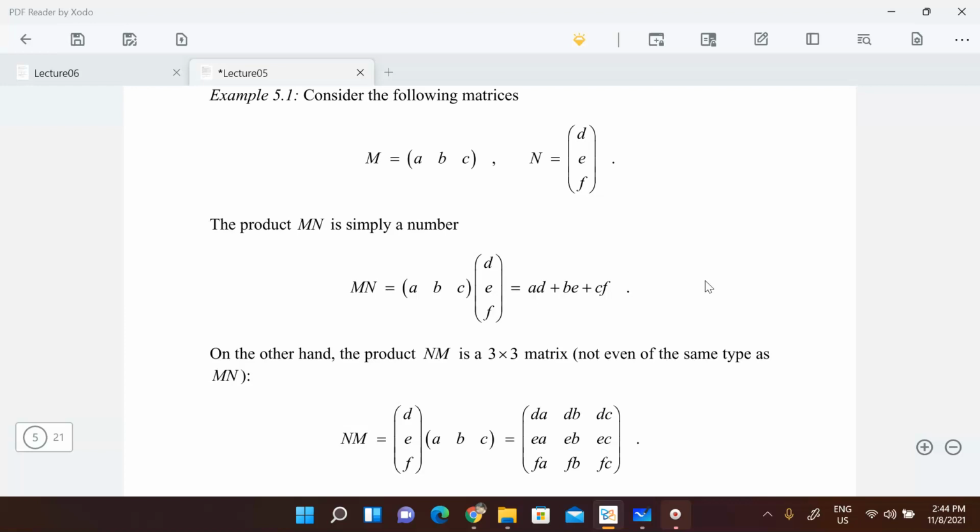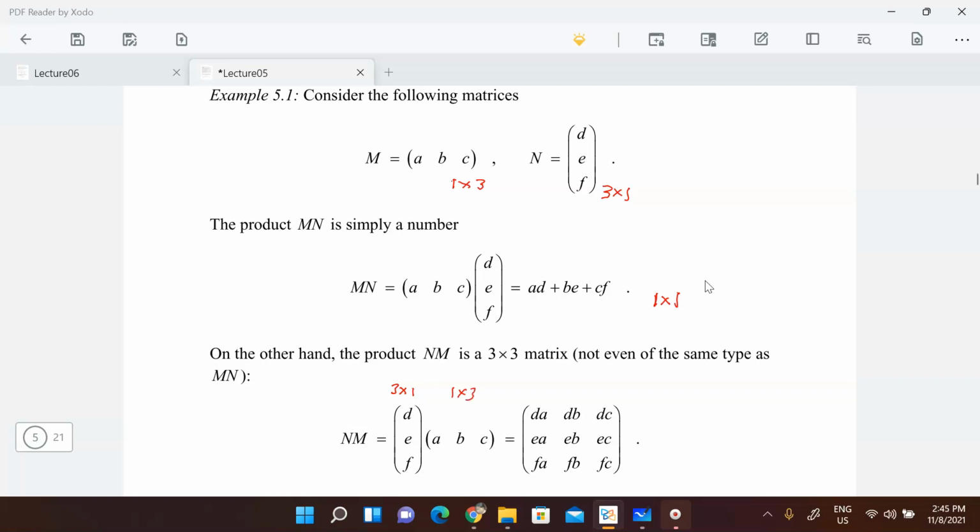So here you have a 1 by 3 matrix multiplied by a 3 by 1 matrix, right? So the resultant here will be a 1 by 1 matrix. But if you swap them around, I'll have a 3 by 1 matrix with a 1 by 3 matrix.